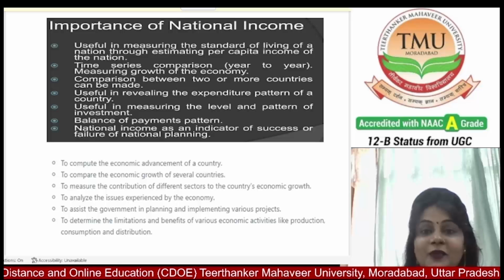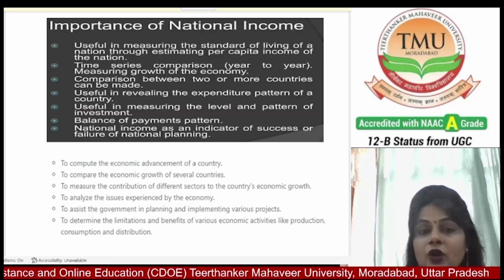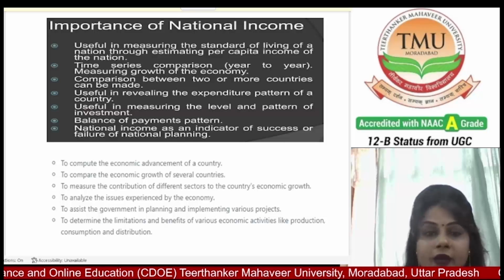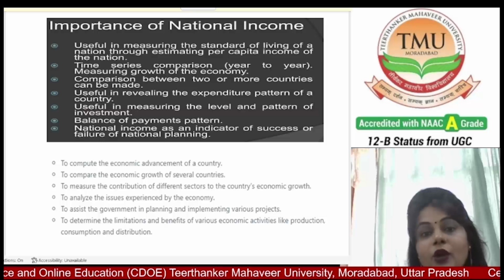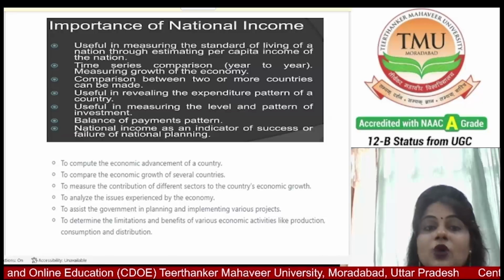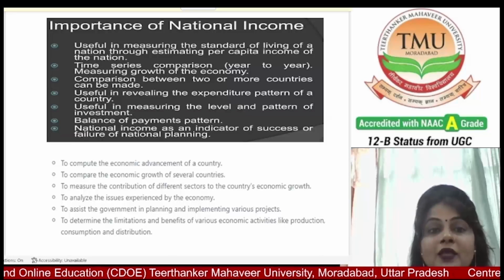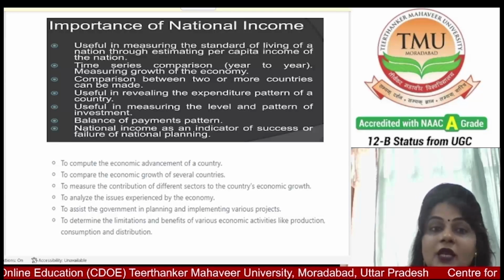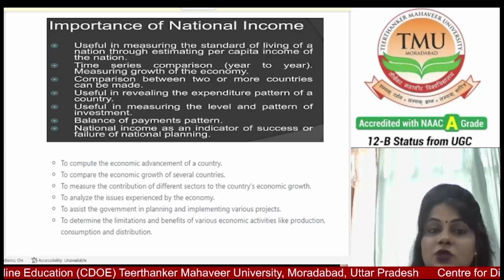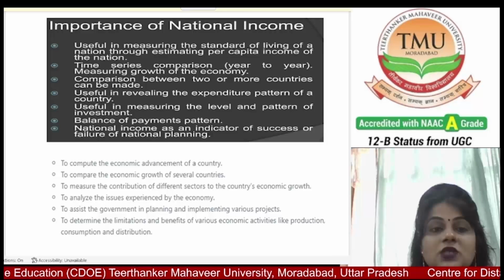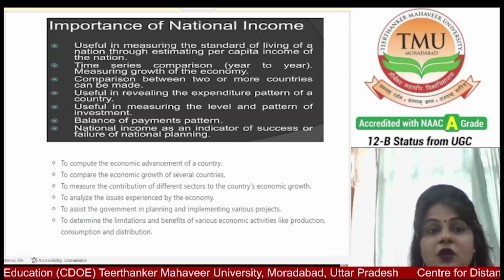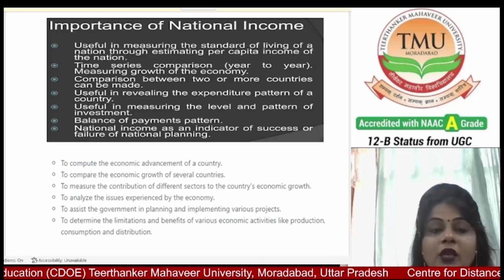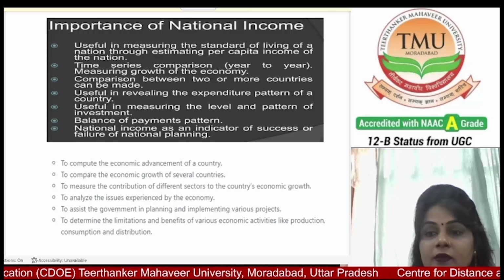So, national income is a very important concept because it gives us an idea of how well the economy is doing. It also helps us to compare the standard of living between different countries. National income is usually measured in terms of GDP because it is the most comprehensive measure of economic activity.